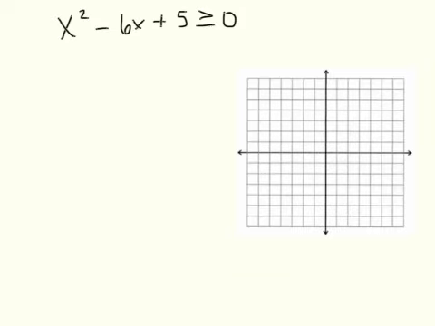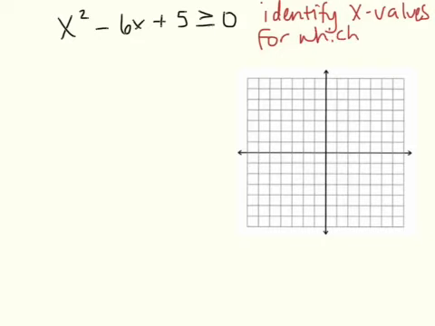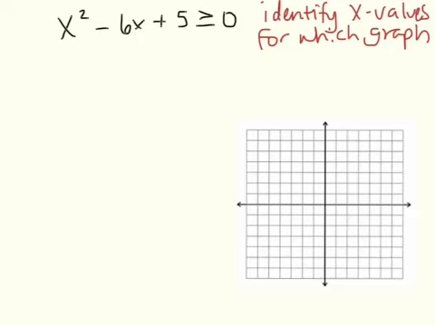All right, so I'm going to use the same quadratic as before, but now we're doing greater than or equal to 0 instead of less than 0. So remember what this means is we want to identify the x values for which the graph lies on and above the x-axis.